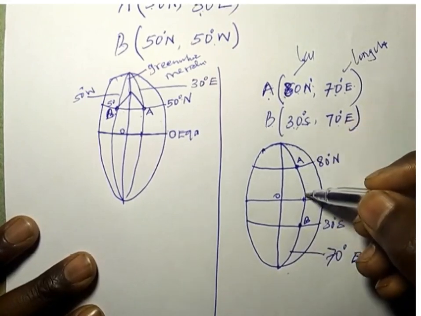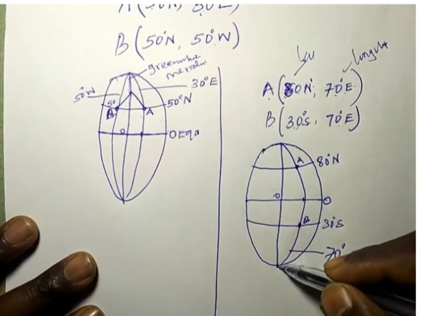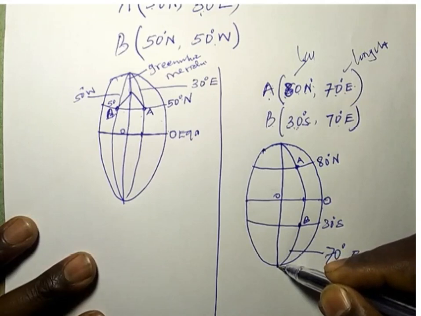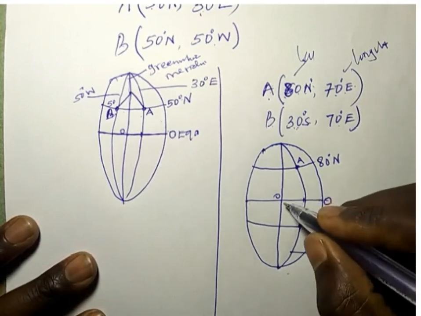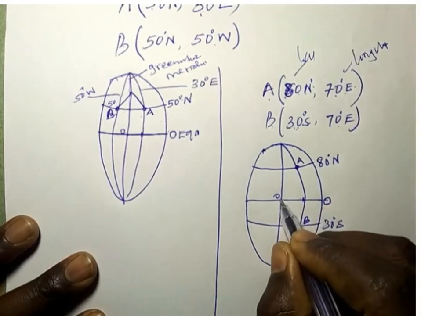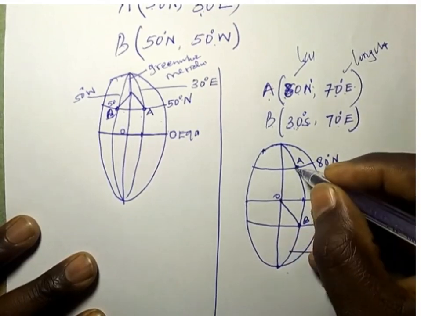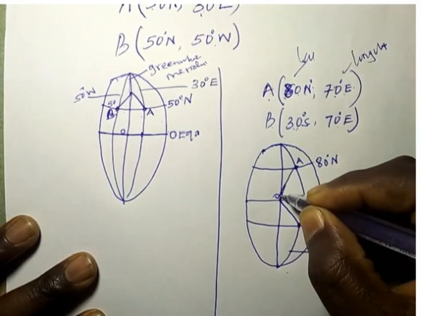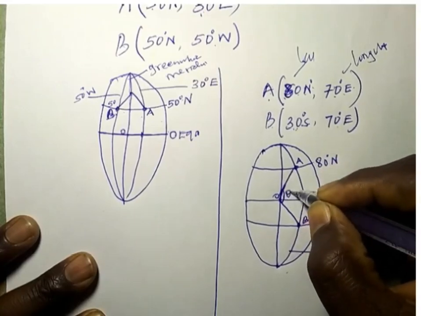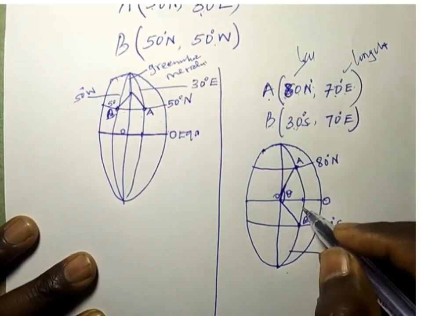Because all longitudes are great circles, the angles obtained at the center of the earth will be where the equator and the Greenwich meridian meet. So their center will be here. The angle obtained at the center is this angle.